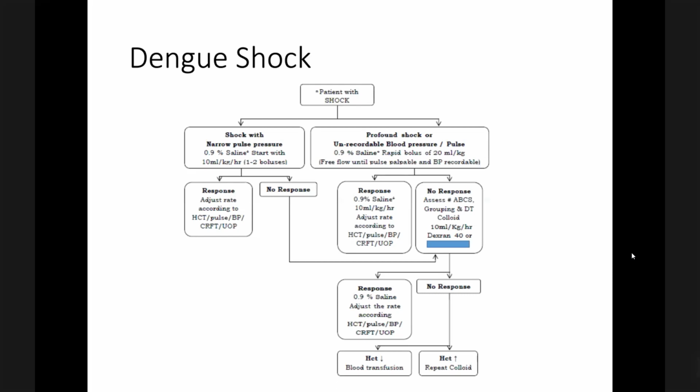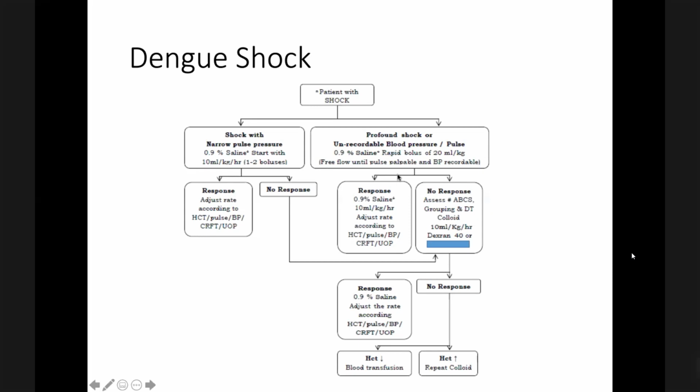Then the first thing is you give 0.9 saline 20 ml per kg as fast as possible, till the blood pressure is picked up or recordable and you can feel the pulse. So you may not need to give the entire 20 ml per kg. Sometimes when you are somewhere like 15 ml per kg, you might get the pulse and the blood pressure may be recordable. If that is the case, you stop and then move downwards.